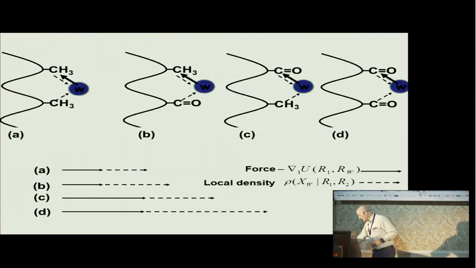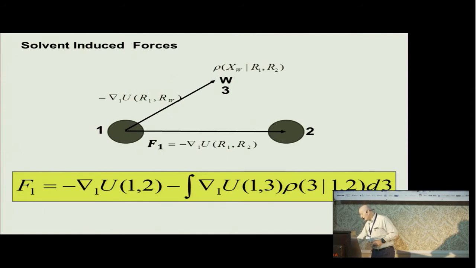Now, the formula, the statistical mechanical expression for the force. The first term is the direct force, that is between 1 and 2. 1 and 2 can be either hydrophobic or hydrophilic.